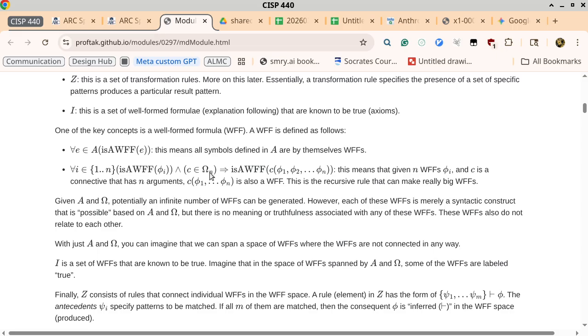Omega n is a subset of omega that consists only of operators that require n operands. Let me say that one more time. Omega n is a subset of omega of operators that involve n operands. Let me ask you this question. How many operands does this operator require?